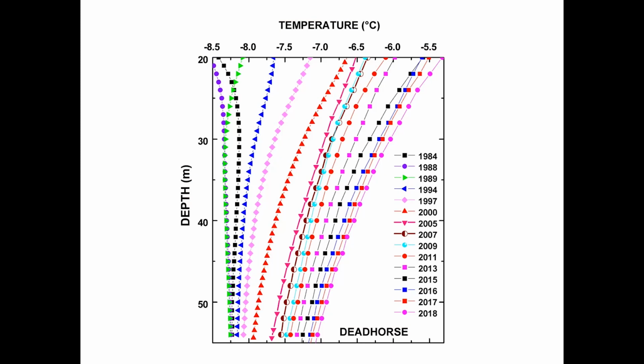What it shows is that in the beginning of our measurements in the early 80s, the temperature was moving back and forth a little bit. There was even a little bit of cooling in the late 80s. But after that, it's always going up and up and up, getting warmer and warmer and warmer. And the last 5 years it's also warmer.